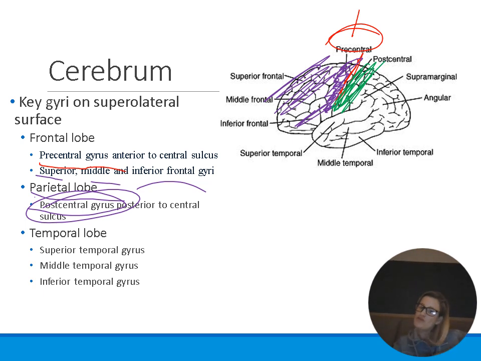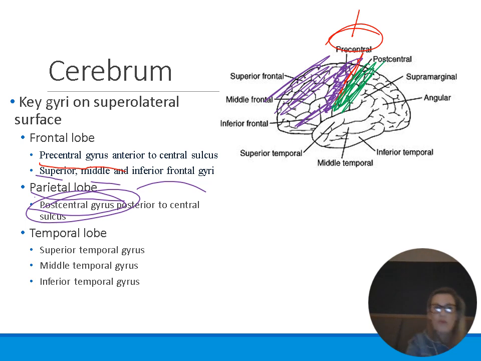So in front of the central sulcus is motor. Behind the central sulcus is somatosensory information. So like body senses, like touch, temperature, pressure, pain, etc. So all of our somatosensory information is relayed in to that post-central gyrus, where our primary somatosensory cortex is located.